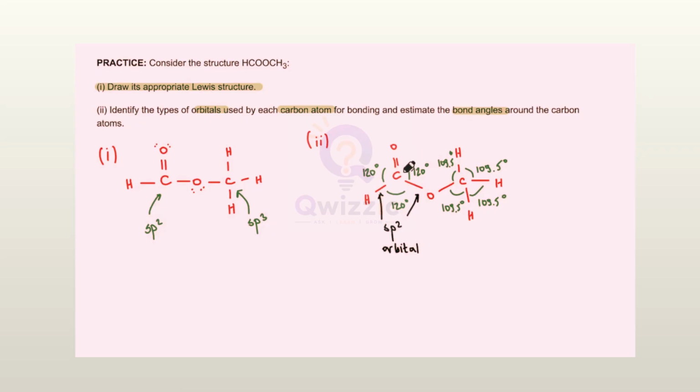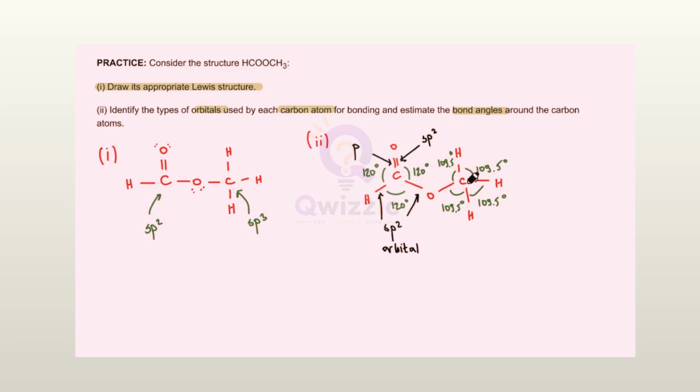Then we have our double bond. Our double bond consists of a sigma bond and a pi bond. Let's recall that the sigma bond is also going to have an sp2 orbital, but the pi bond belongs to the p orbital, which is non-hybridized, right?